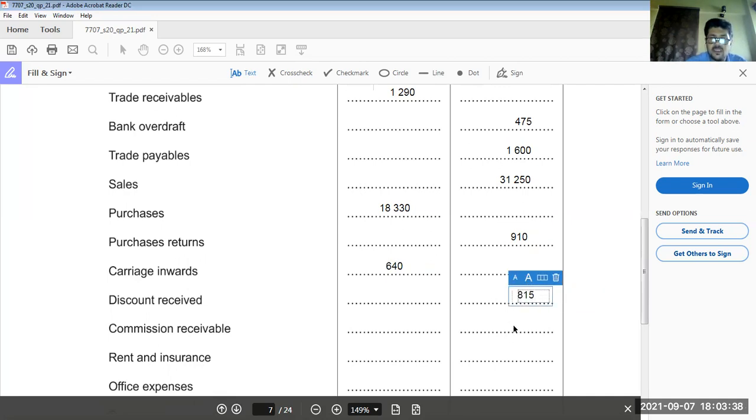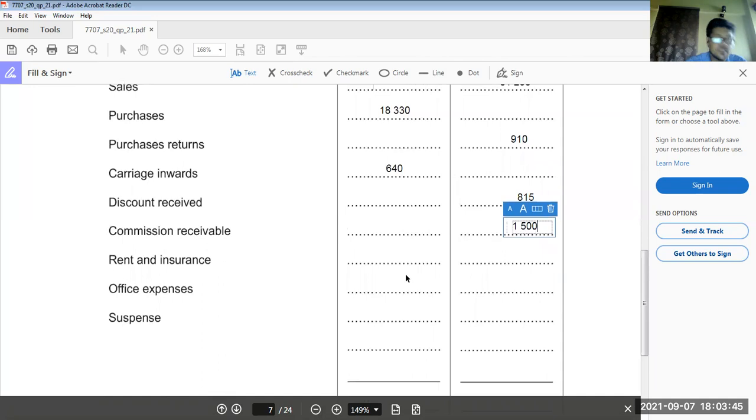Commission receivable always credit, 1,500. Rent and insurance always debit, 5,700. Office expenses, expenses are debit, 2,425. Suspense is debit 369. How?